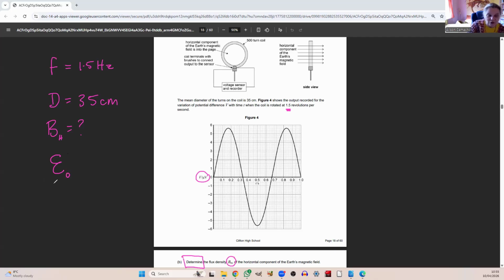I'm going to call it E0. This is the maximum induced EMF, right? So get your equations out, people. What are the equations which start E0 on your data sheet?